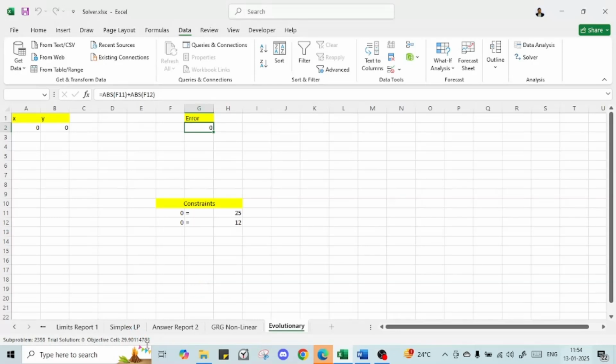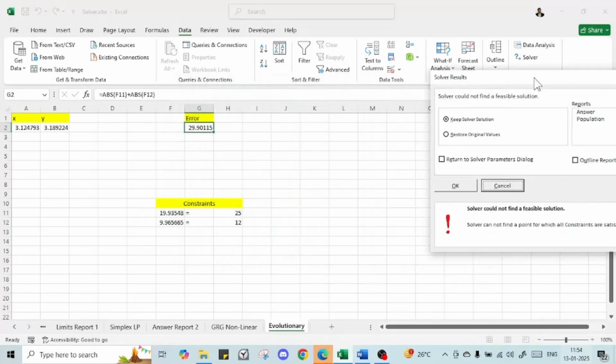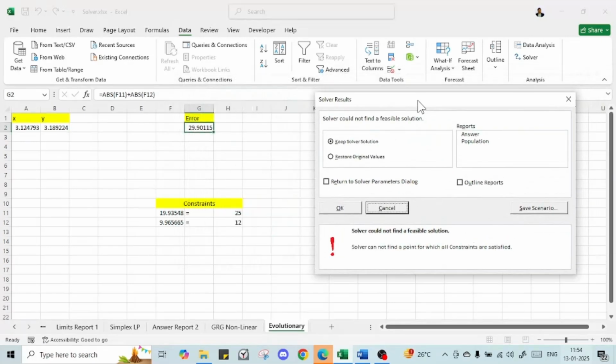You will see the decrease of this value. The solver cannot find a point for which all constraints are satisfied. But even though it may not find a point, it is still going to give us an answer.